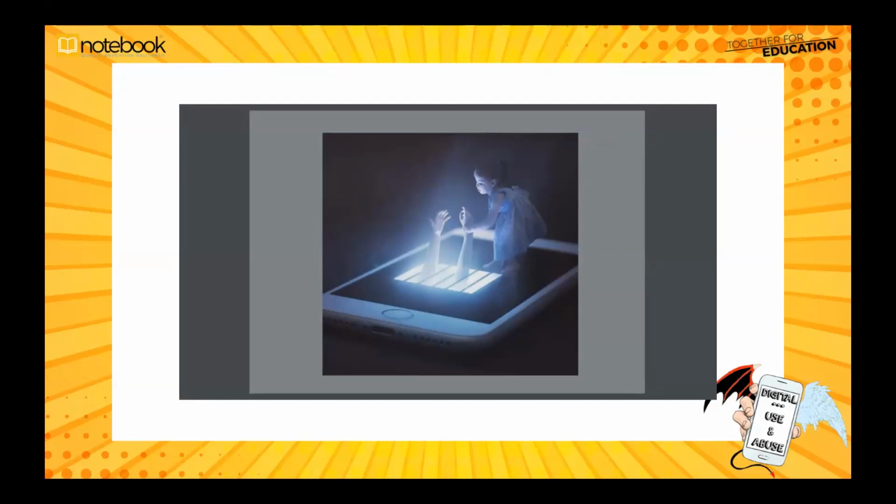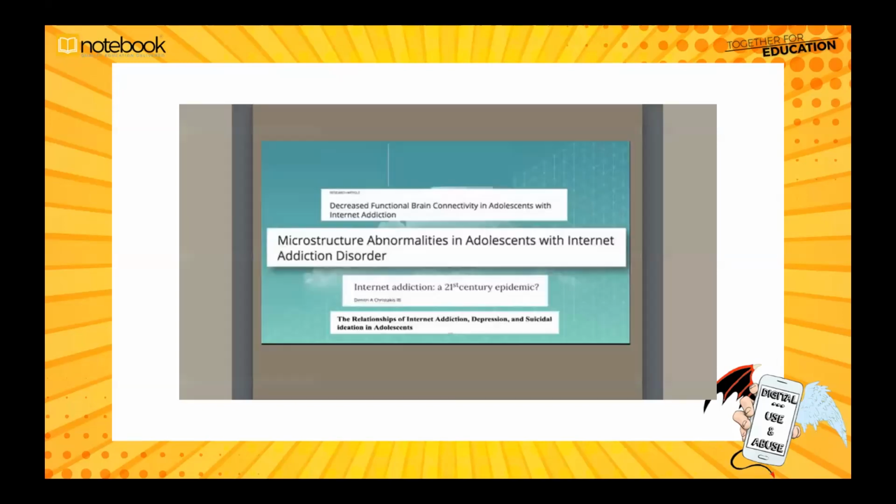I think we can all agree that addiction is complicated. It involves a relationship between a chemical or a behavior in concert with genetics, learning, or the environment. Now, microstructure abnormalities is a phrase that should stand out to all of us. There are hundreds of studies in development right now by scientists who are trying to find answers to provide us all the guidance.